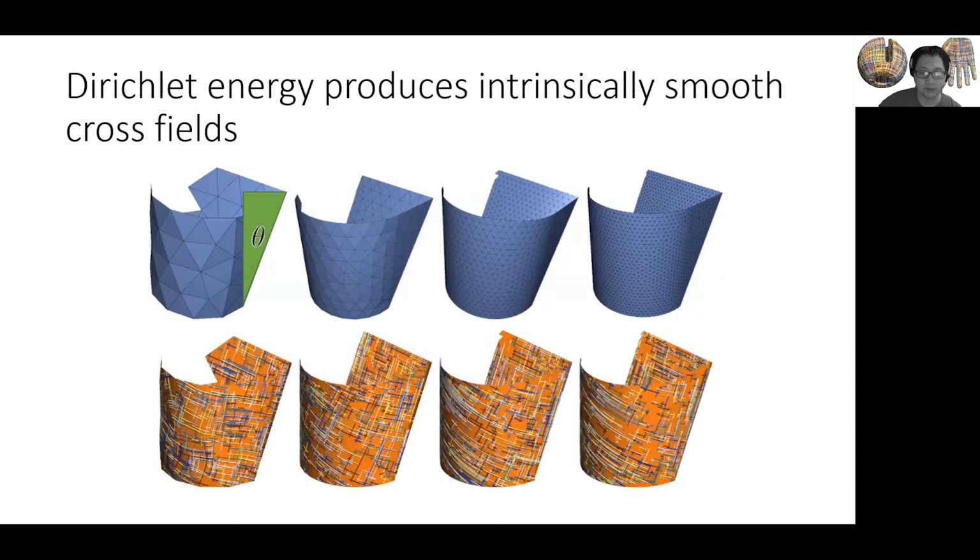Then we solved for the Dirichlet energy minimizing crossfield to see how this boundary condition extends into the cylindrical region. As you increase the mesh resolution, the crossfield essentially maintains that wedge angle throughout the entire cylindrical piece. It is more or less unaware of the fact that this is a cylindrical shell and not a flat 2D surface. So this experimentally verifies that minimizing Dirichlet energy produces intrinsically smooth crossfields.